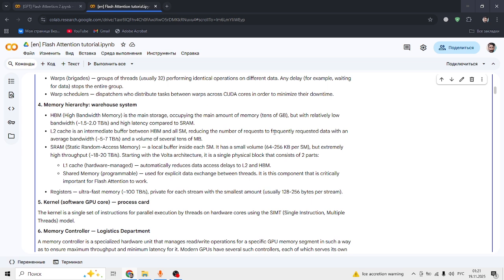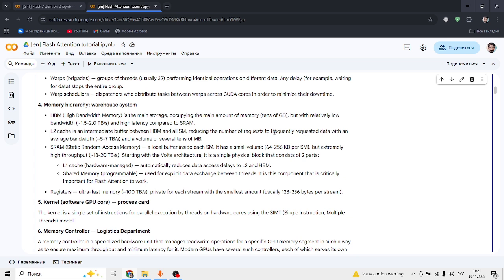And starting with the Volta architecture, this is a single physical block that consists of two parts. L1 cache automatically reduces data access delays to L2 and HBM. Shared memory is the most important thing for FlashAttention. This is used for explicit data exchange between threads. And this is a programmable memory, so we can use it for our tasks.